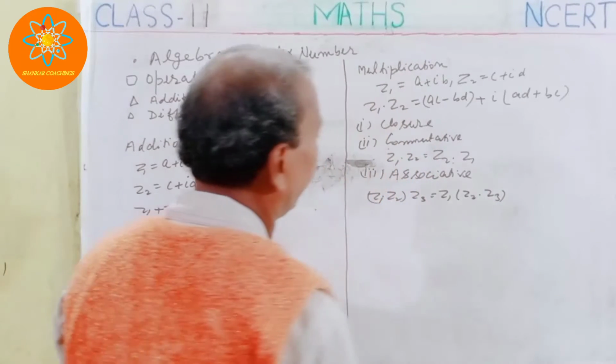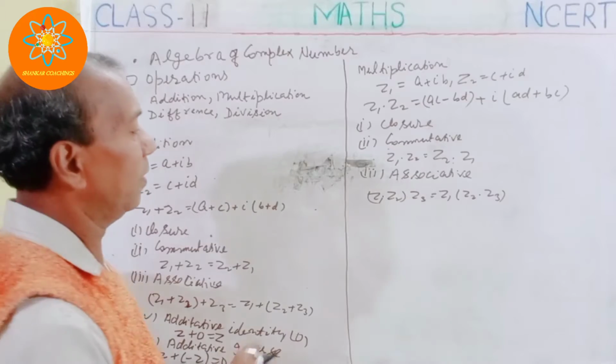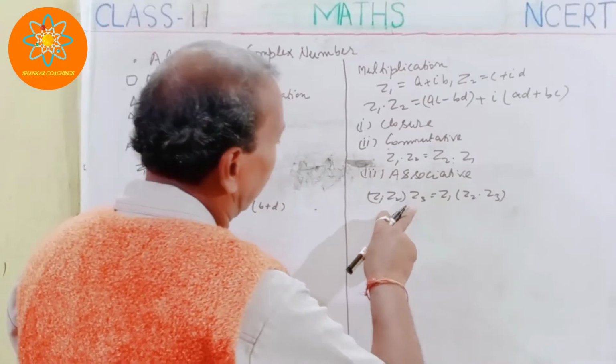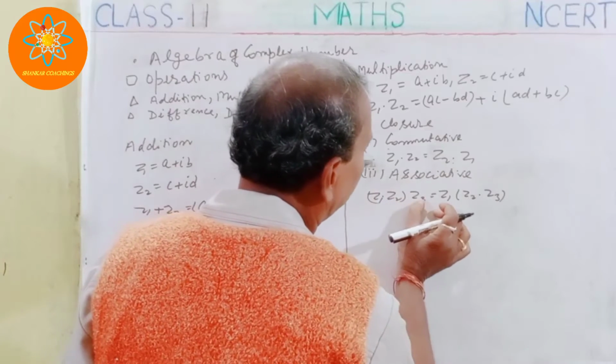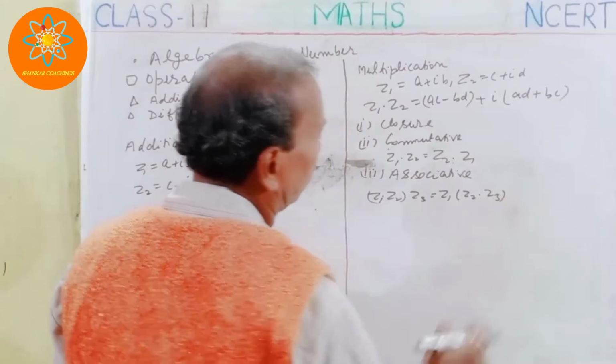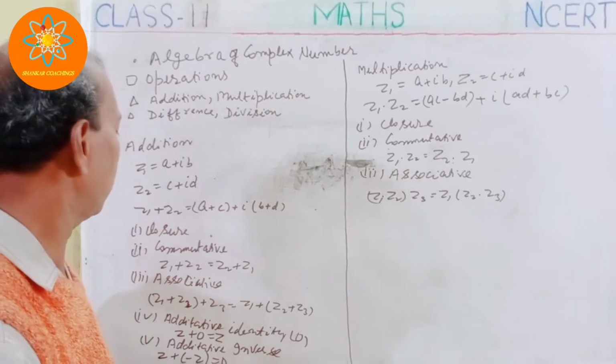So Z1 times Z2 into Z3 is equal to Z1 into Z2 times Z3. This means that if I have three complex numbers, (Z1 Z2) Z3 equals Z1 (Z2 Z3). That is the associative property.